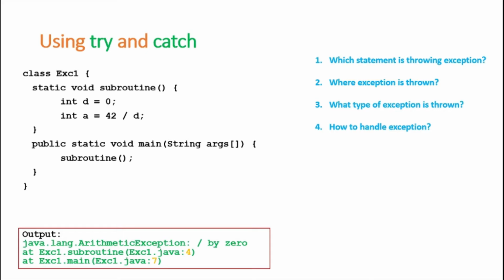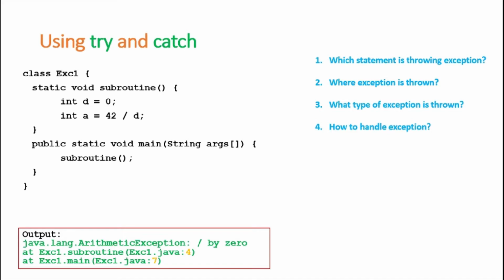That is, which statement is throwing exception, where exception is thrown, what type of exception is thrown, how to handle exception. Pause the video for 1 minute and answer these questions. These 4 questions are very important, which we need to ask whenever we want to handle exceptions in the program.